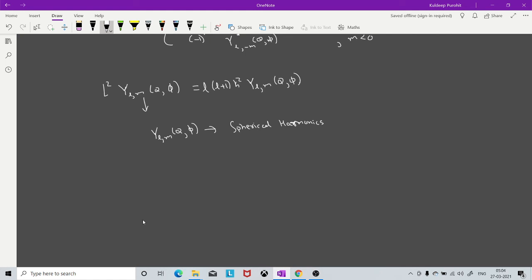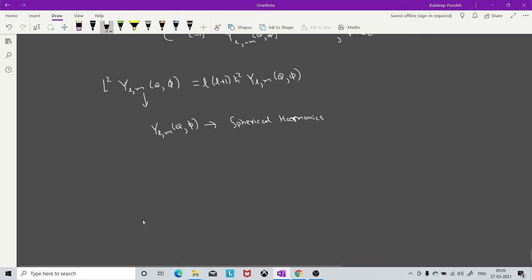Spherical harmonics have found a lot of applications in physics. Here we are finding the eigenfunctions of the L square operator, and spherical harmonics appear. Even if you take multipole expansion in electrostatics, you will get the same thing. So they are of great relevance. I just want to show you how this wave function looks.